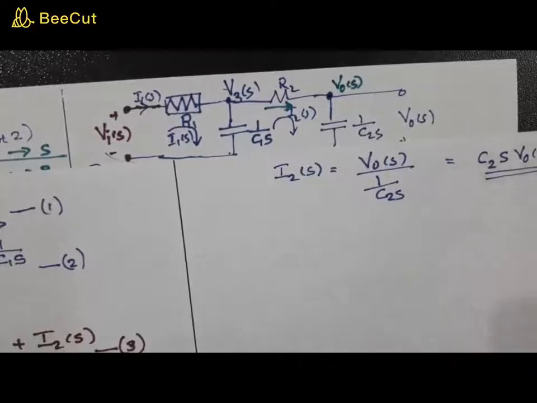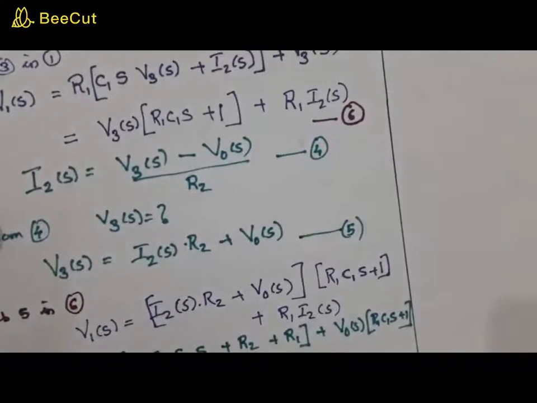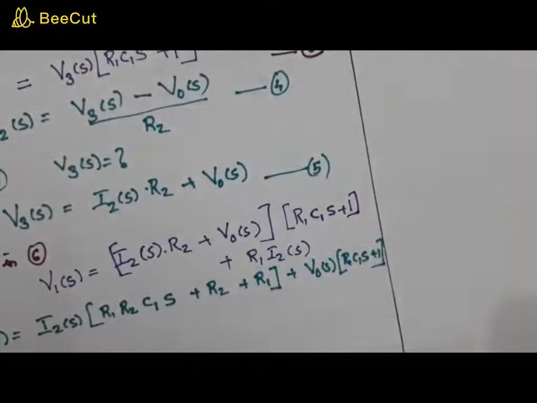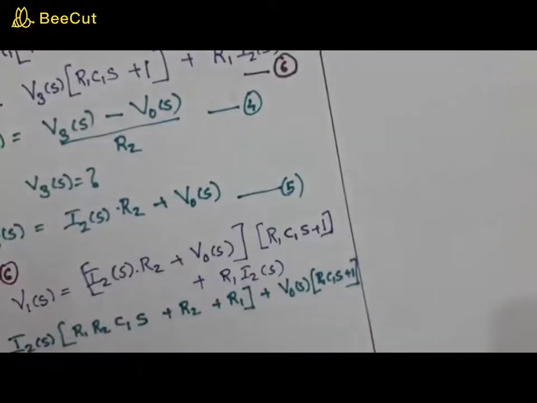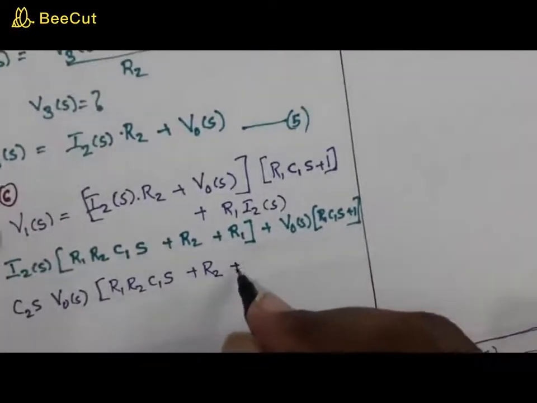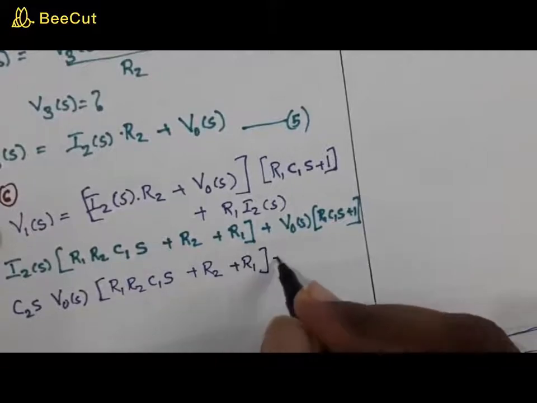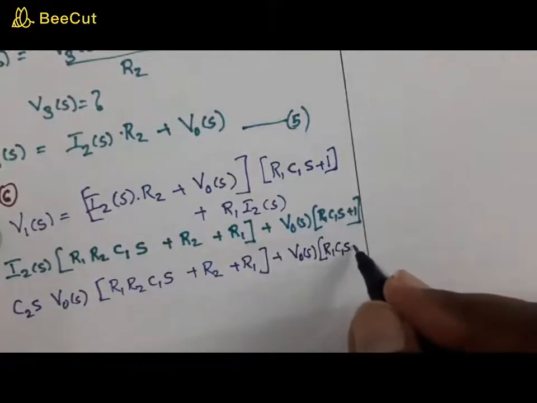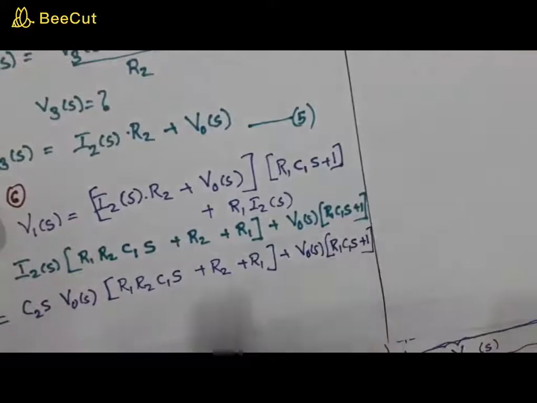Now you can substitute this value in I2 of s. So substituting that, you will get C2s into V0 of s, into R1 R2 C1 s plus R2 plus R1, plus V0 of s into R1 C1 s plus 1. Now look at this expression. You have all V0, right?